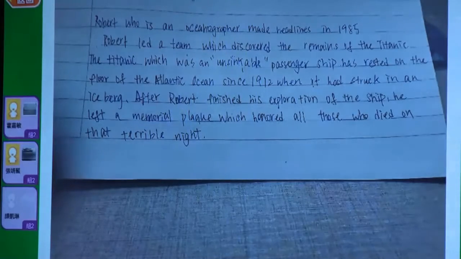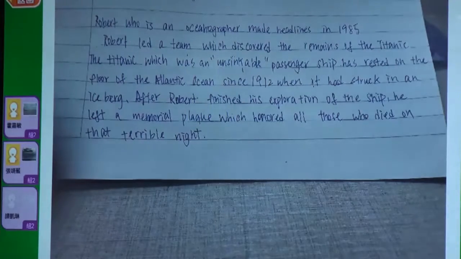The Titanic, which was an unsinkable passenger ship, has rested on the floor of the Atlantic Ocean since 1910, when it had been an iceberg. After Robert finished his exploration of the ship, he left a memorial plaque which honored all those who died on the terrible night. Yes, okay, give them a big hand. Okay, very good. 10 points.